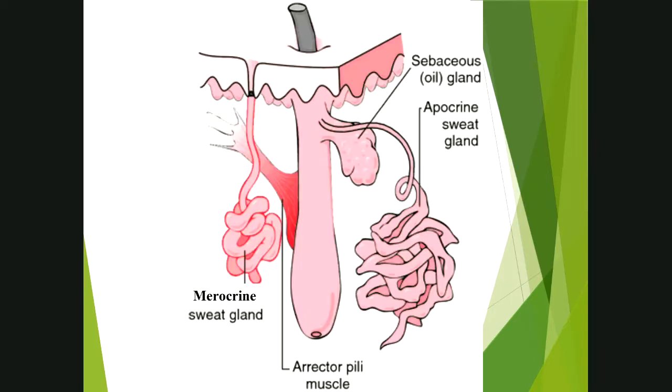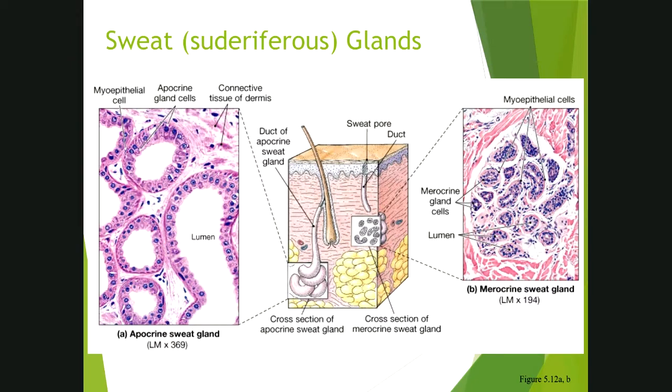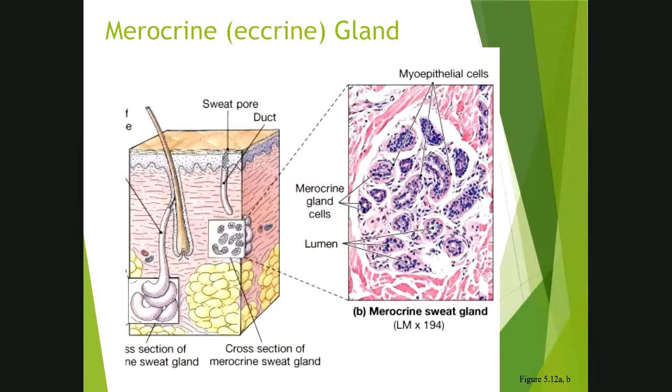And so again, they look like this. Tight little ball. It goes directly to the surface. And so when the sweat comes out, it just goes onto the surface. It wets the surface, and then that evaporates and it cools us off. So merocrine sweat glands are all about cooling.